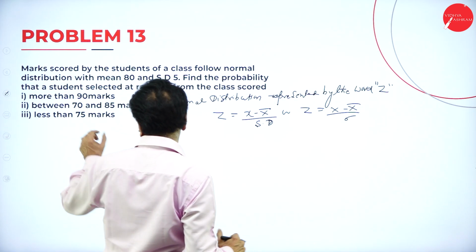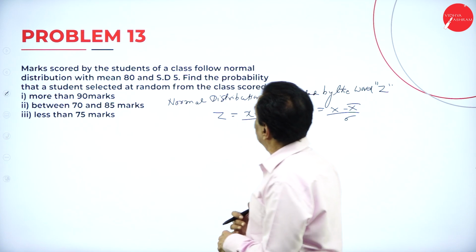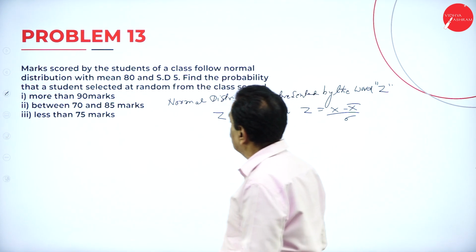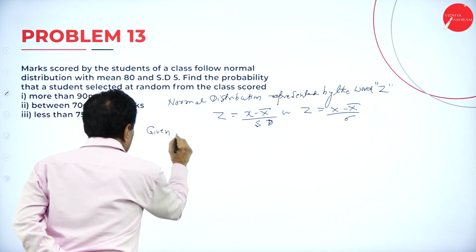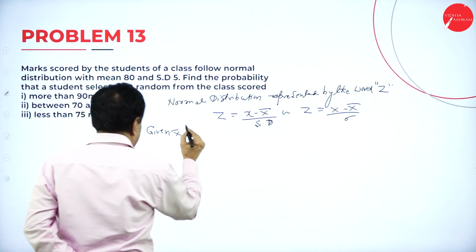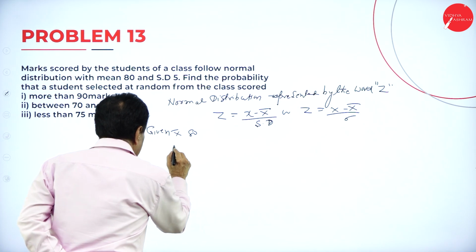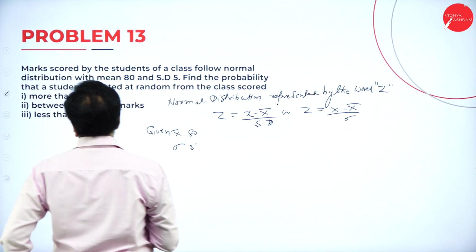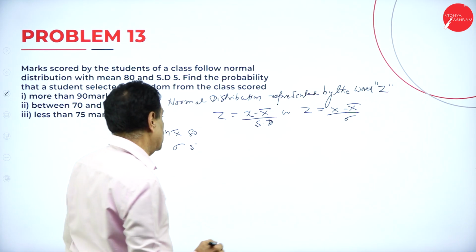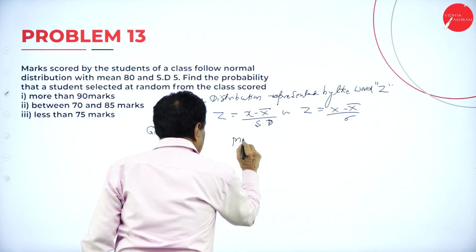So if you go to this problem, what have they given? Normal distribution with mean given. Mean is equal to 80. Standard deviation is equal to 5. More than 90. Here it is given more than 90.